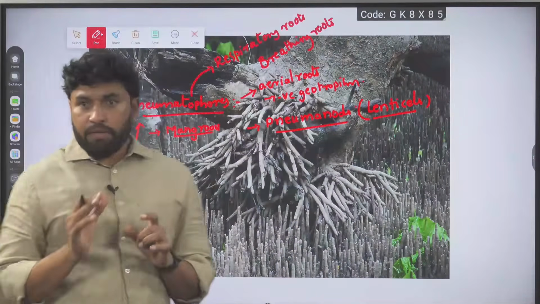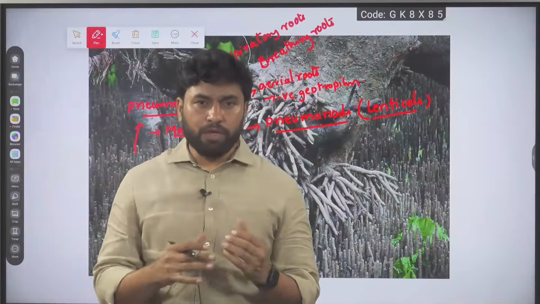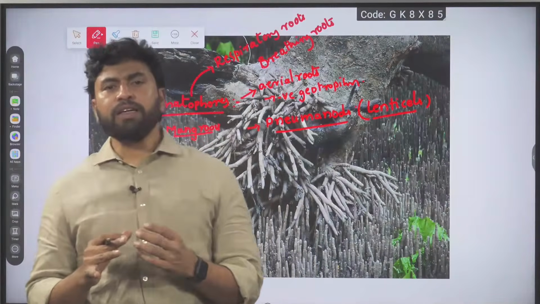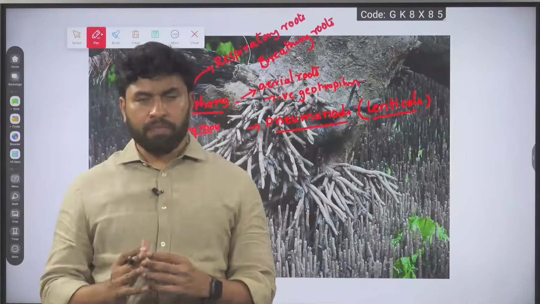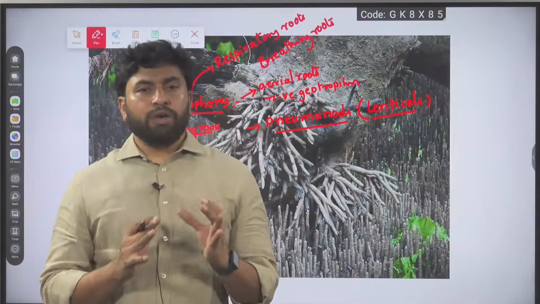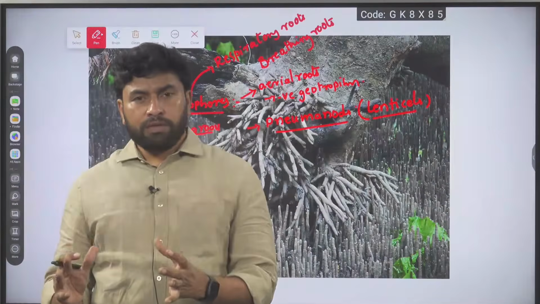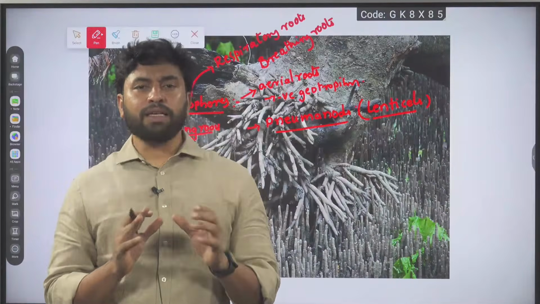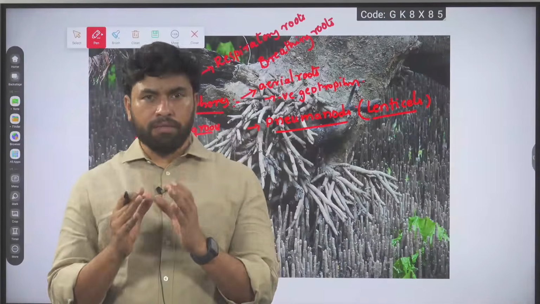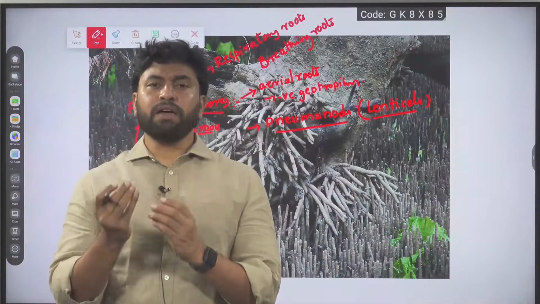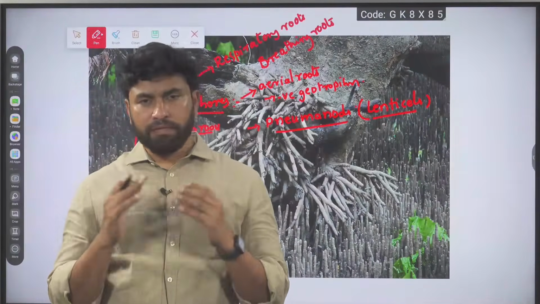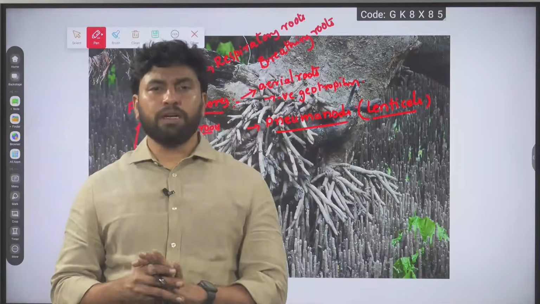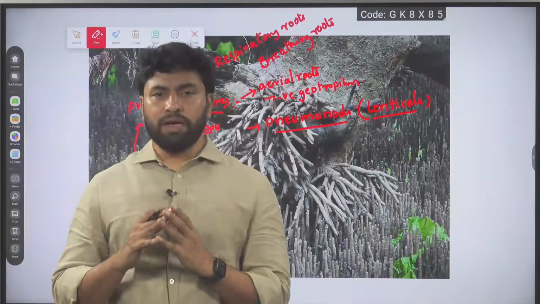Remember, here is one thing I would like to suggest you remember: generally we believe lenticels are present on the stem. Of course, at the time of secondary growth, if a bark is developed, there are some cracks developed on the stem for the entry of gases inside. Of course, lenticels are present on stem, but it doesn't mean that on the root lenticels never develop.